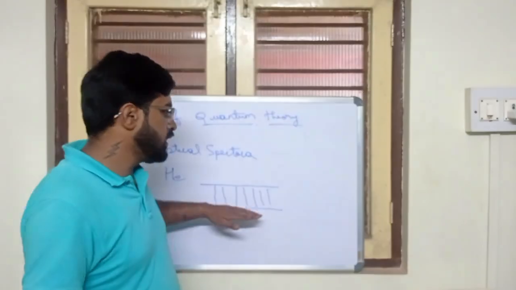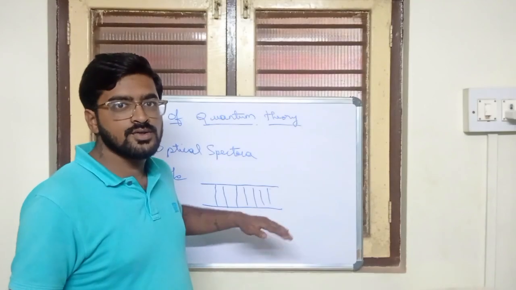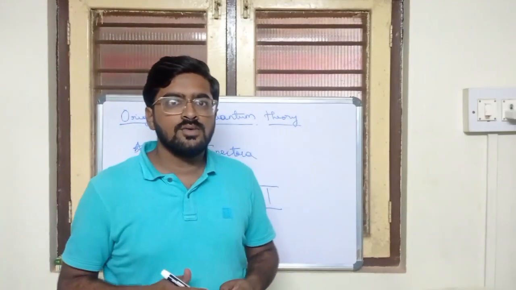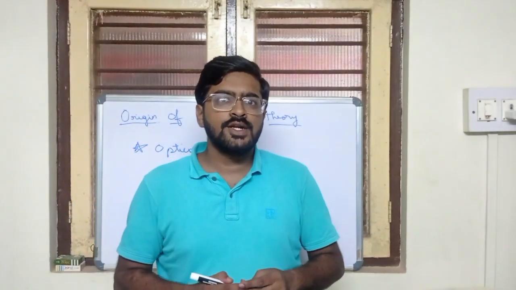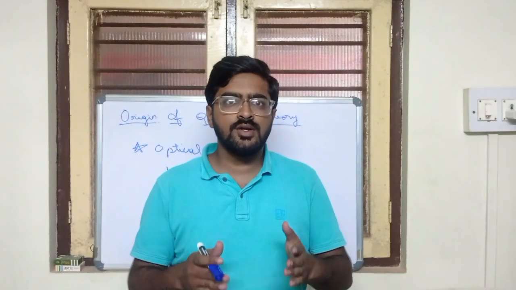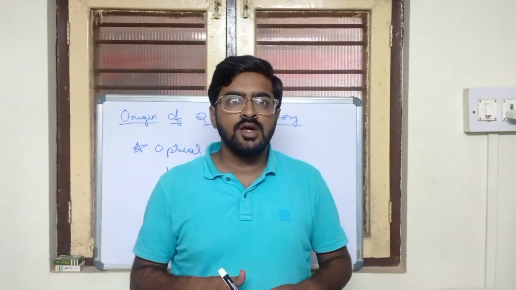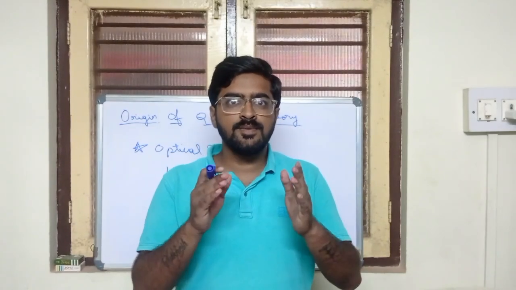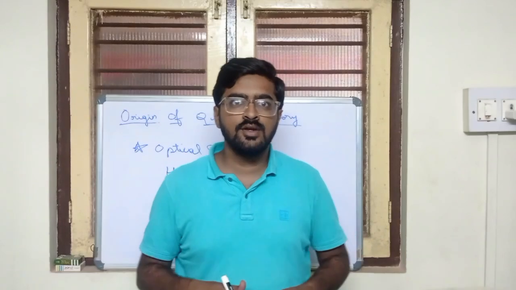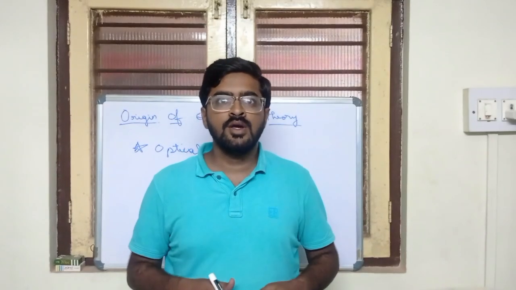Each line has its own frequency related to it. Later on, a scientist called J.J. Balmer observed the spectrum of the hydrogen atom.